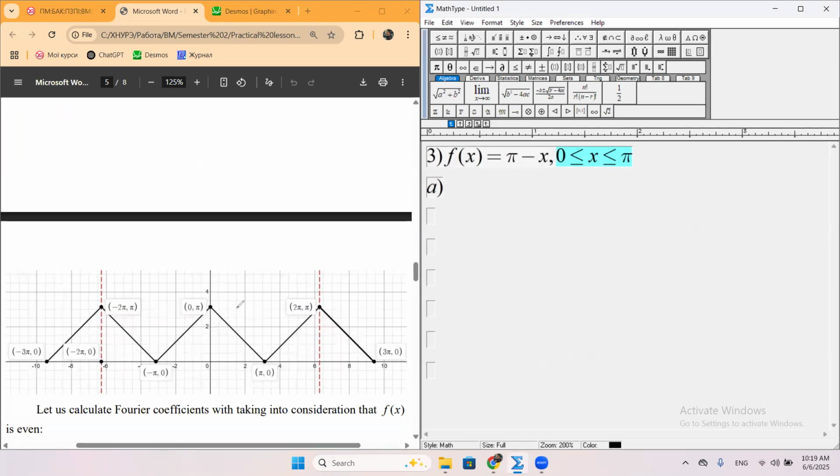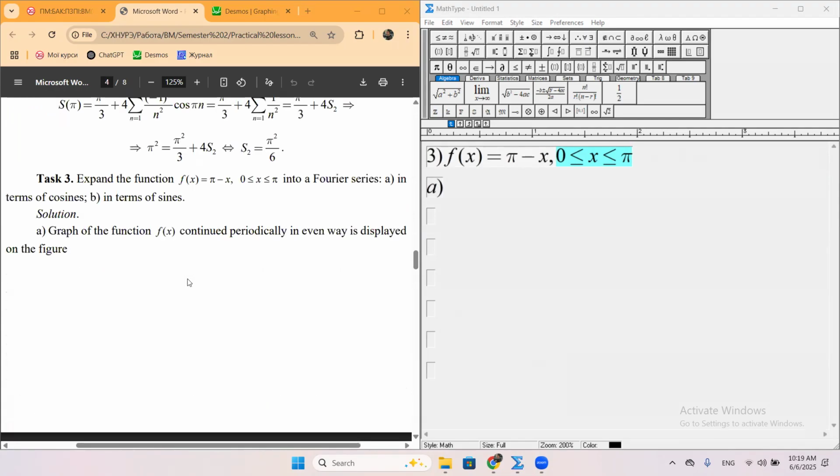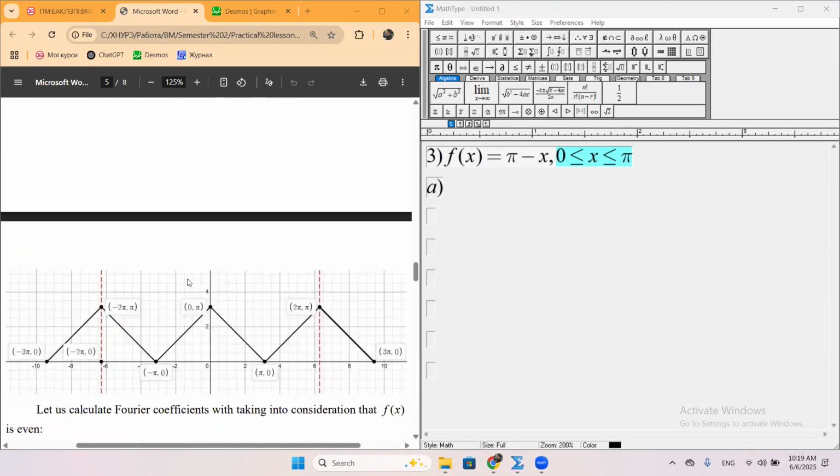This is the initial function, we continued it in an even way and then continued it periodically with period 2p. That's how it looks on the graph.